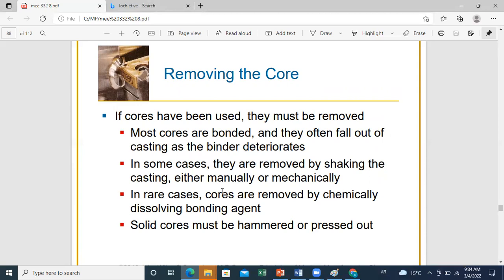And in rare cases, cores are removed by chemically dissolving the bonding agent. So in case the bonding agents will not deteriorate without any external action, we can use chemical reactions to remove them. And solid cores must be hammered or pressed out.